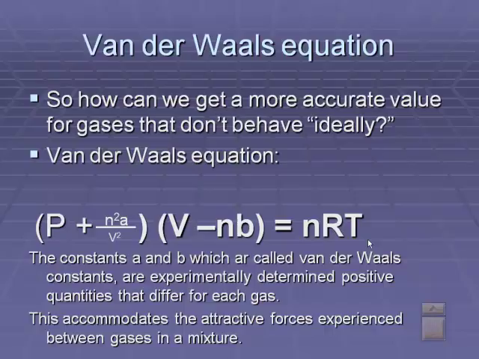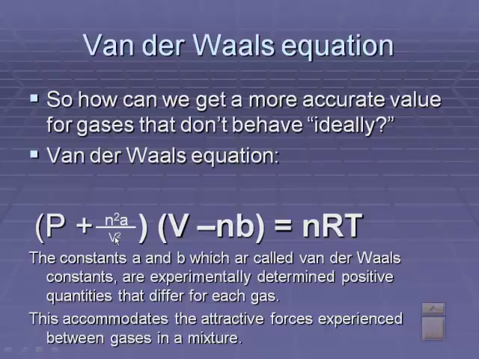How do we get an equation to account for all of this madness? This is the van der Waals equation. It's pronounced van der Waals. I know, it's a German thing. So what you have is pressure, and it could be in any of the 3 units, so be careful, but we usually like to keep this in pascals or kilopascals.